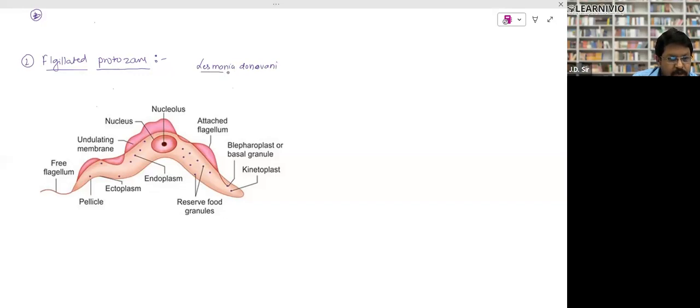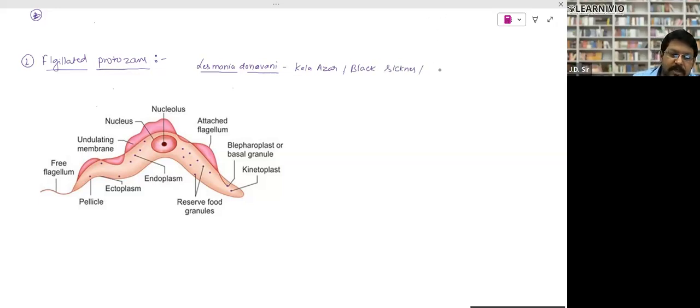Leishmania donovani causes a disease. That disease is called leishmaniasis, or Kala Azar. Kala Azar is also known as dum-dum fever or black fever. It is also called black sickness, because the body becomes black.